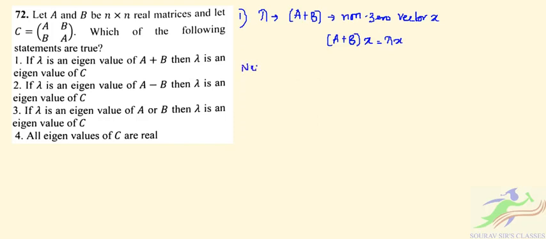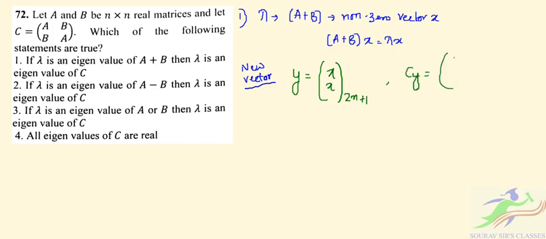Let us consider a new vector, y, a column vector of size 2n, with entries x and x. So we apply the matrix C to y.